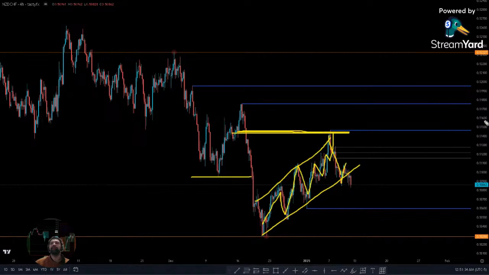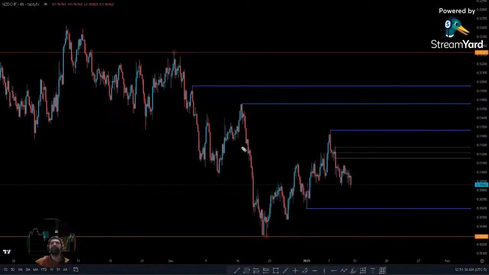Right now it's a really important explanation, I want to make it clearer for you guys, so just wait a sec. See, we got a reaction around this point. This is a corrective move, this is an impulsive move, this is a corrective move, and with this corrective move we are getting a reaction around this level right now.